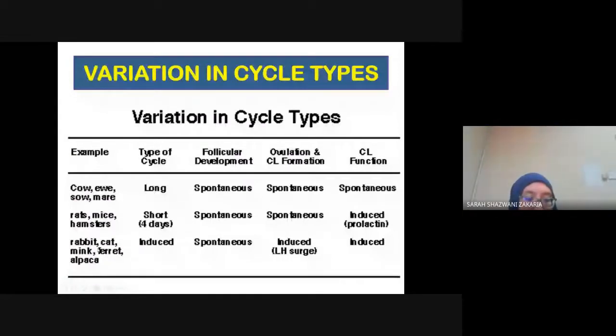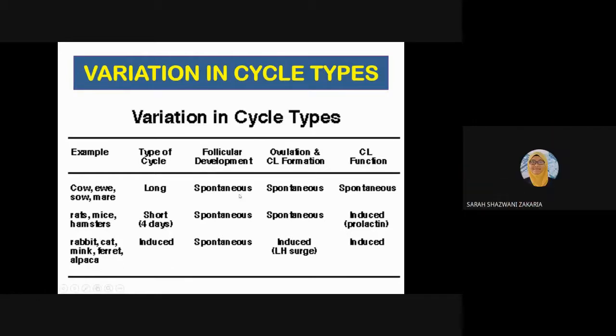Induced type of cycle means that when activated or stimulated, these animals, rabbit, cat, mink, ferret, alpaca, enter the estrous cycle. Without stimulus, they just stay anestrous.